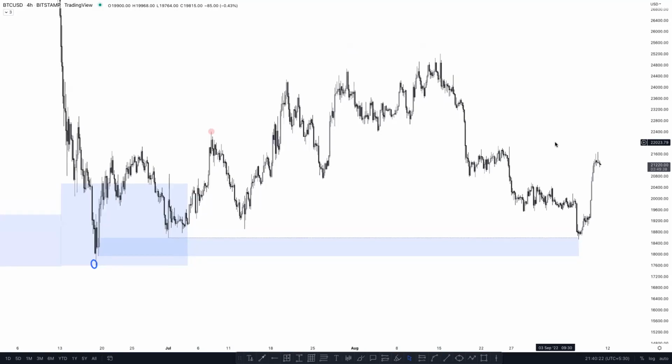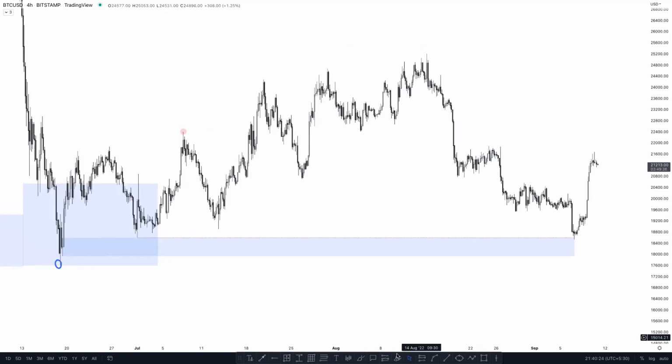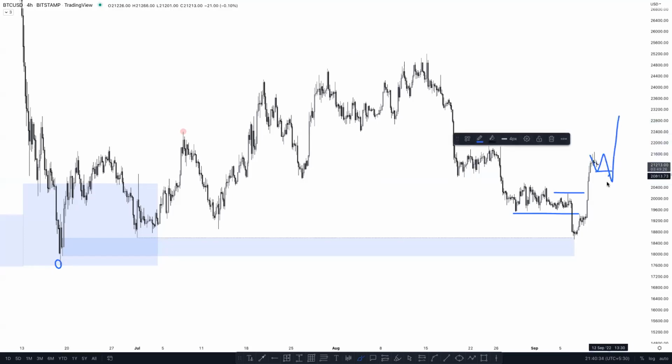Tap here and what happened here? Change of character. Price creates any inducement and then buy. Right. So this is a possible scenario in Bitcoin in upcoming days. You can say this is like trendline liquidity also.